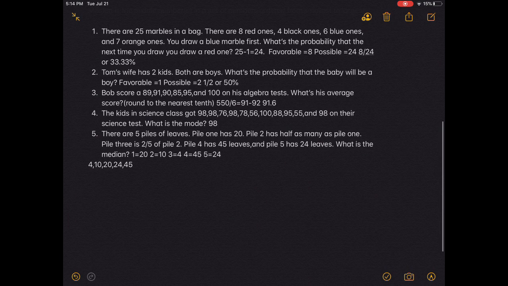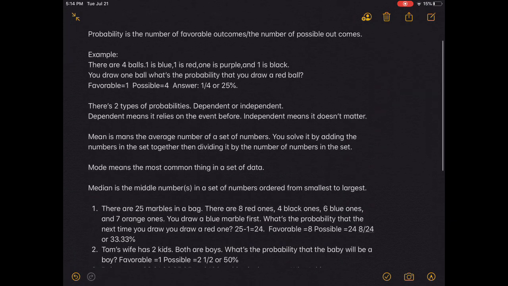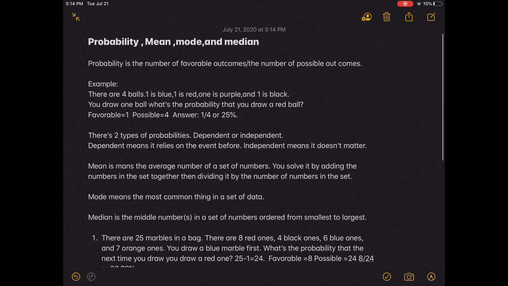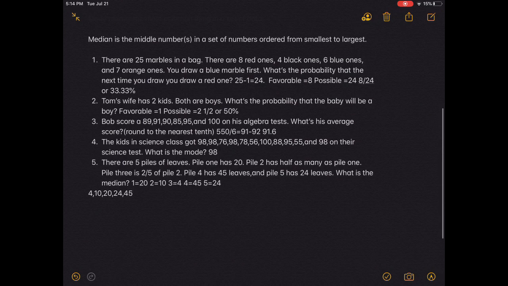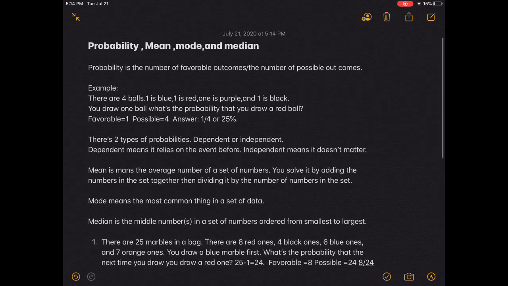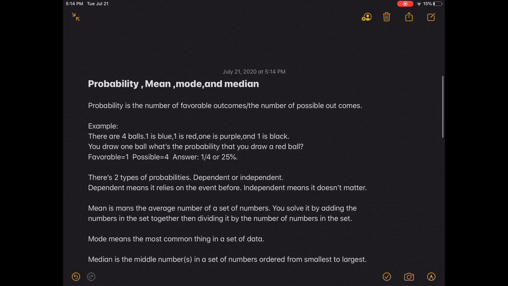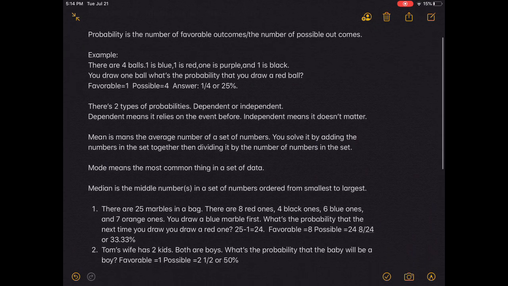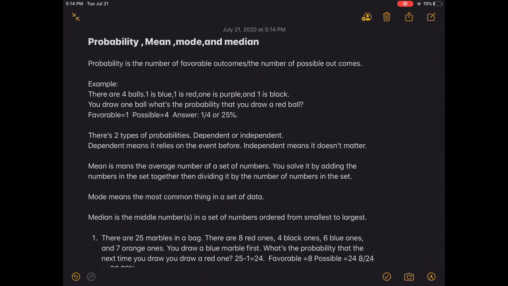So the median is the middle of all those numbers. It depends how many numbers there are. So the median in this will be 20 because 20 is in the middle of all the numbers.